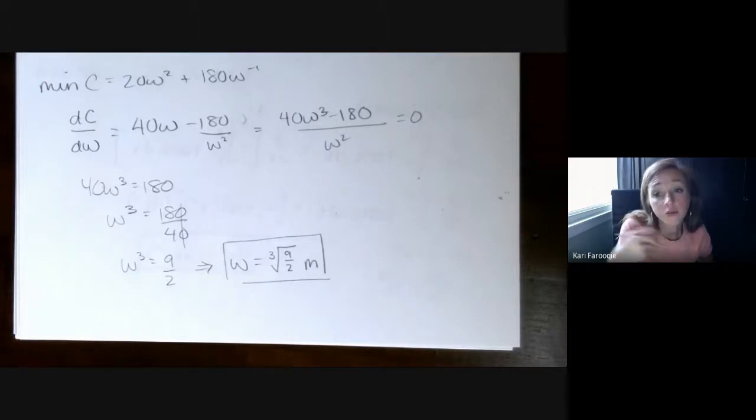Let's go back to your directions here. Find the cost of materials for the cheapest such container. So when you're talking about w, in that case, well, we're going to have to actually figure out then the cost for the sides. w is just going to be a dimension. So let's solve for h, and then to find the actual cost of the materials, you'll have to put this back into your cost equation.